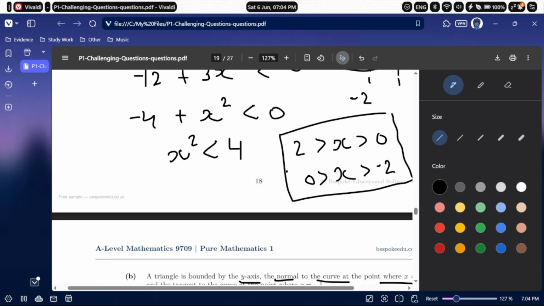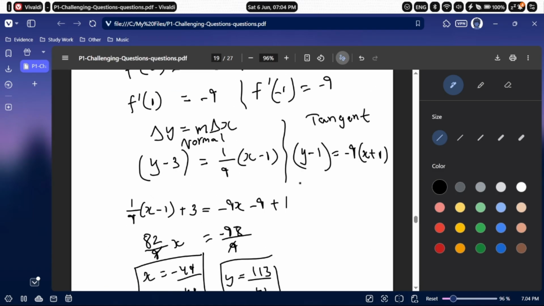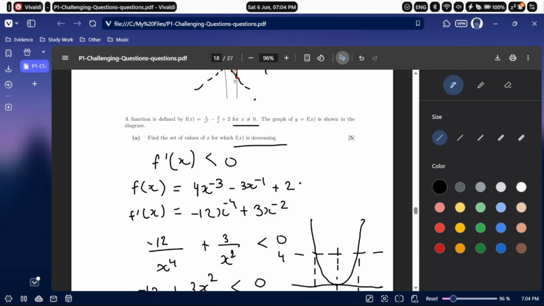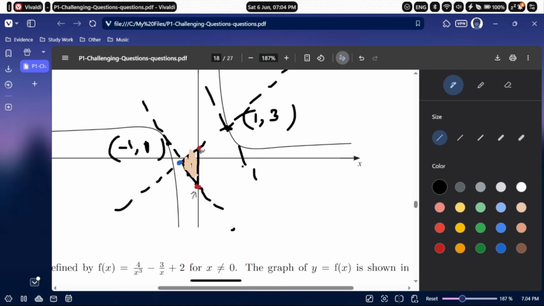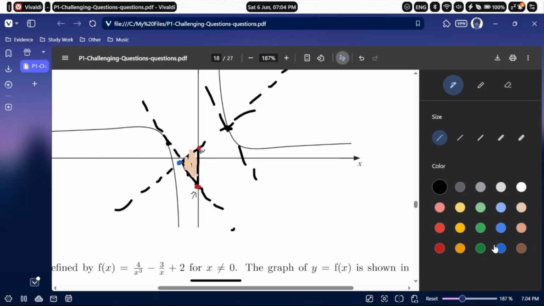Wait, hold on. Let me label the points. I'm kind of slow. So this, and you have minus 49 with, oh wow, that's a bad one. Anyway, 113 over 41.